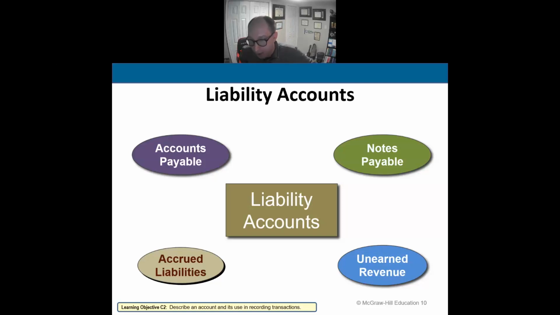Therefore, it's a liability to the company. It becomes earned revenue when we go to mow the lawn. After we mow the lawn, we do an adjusting entry at the end of the month. We would debit unearned revenue and credit revenue to change it from unearned revenue to revenue.